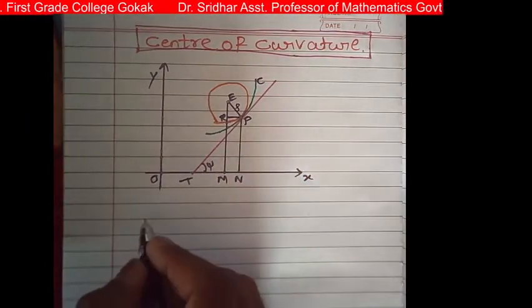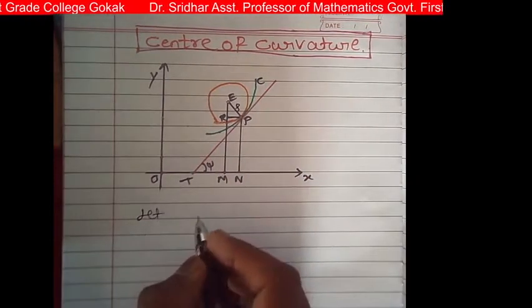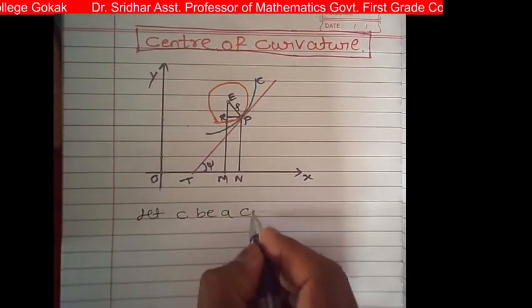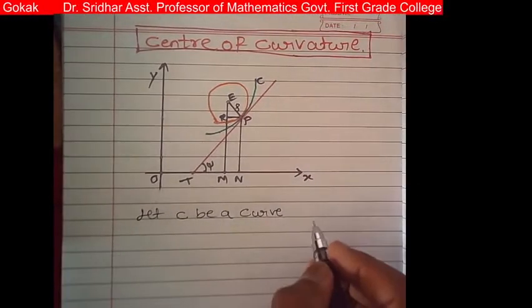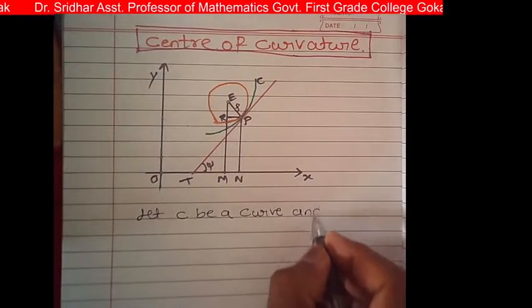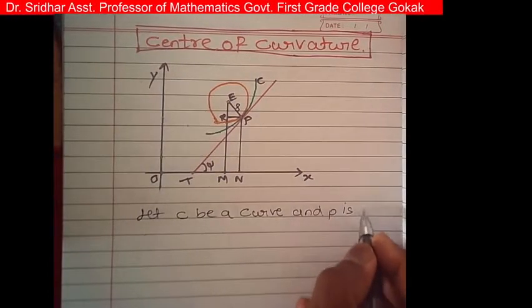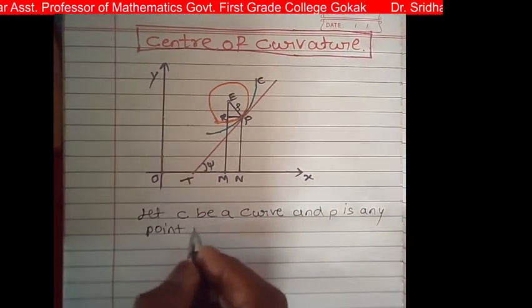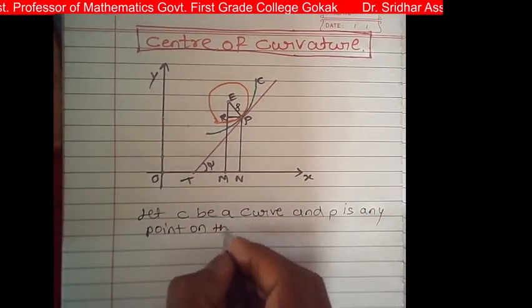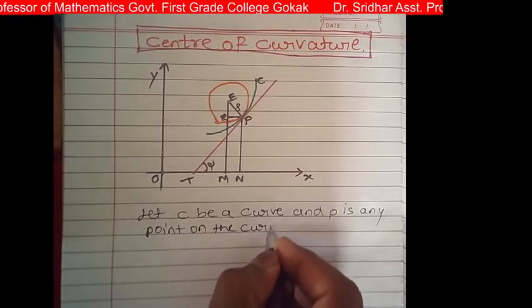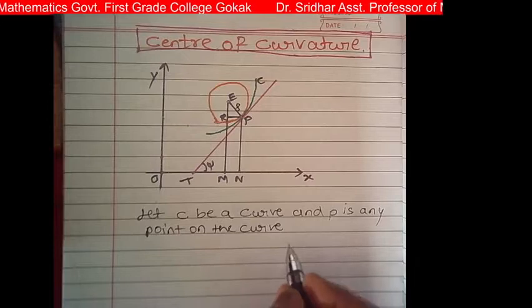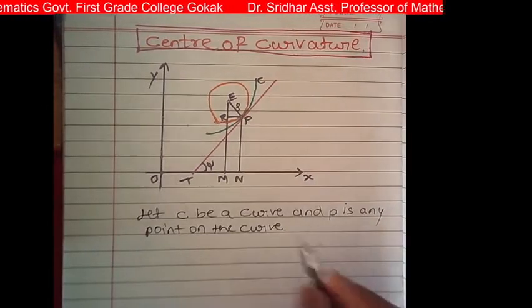So here let C be a curve, and P be any point on the curve.